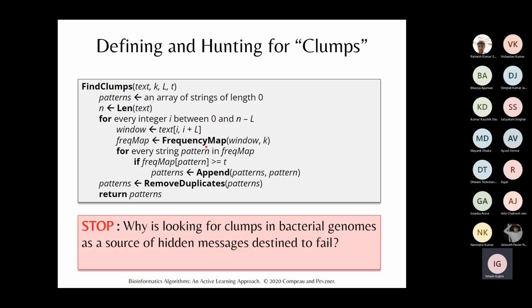All right. So as I asked you, if you specifically look at bacterial genomes as a source of hidden messages, this is destined to fail. If you would have solved the homework problem, you will find that the probability of finding such clumps of 9-mers is finite, and it's not very small.